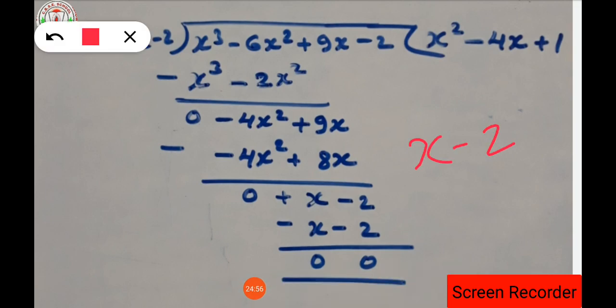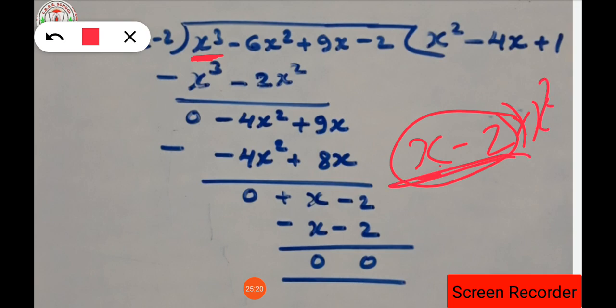We are going to give the first term preference. Remember students, we are going to give the first term preference. So here x cube is there and here is x. So what do we have to multiply with this x minus 2 to bring x cube? Suppose I am multiplying a number x square with both.